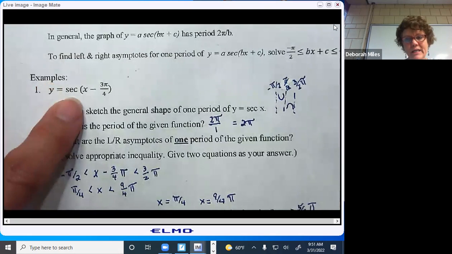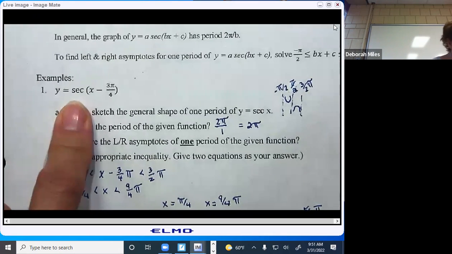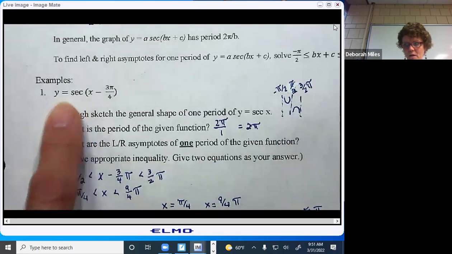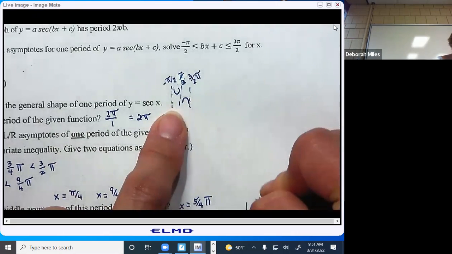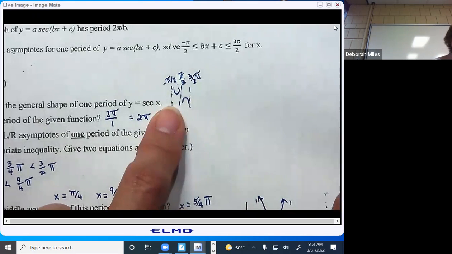If this was 2 secant, then the graph would turn around at -2 and +2 instead of -1 and +1. But since that coefficient is 1, and since we're using the same period that we used for this, you get your concave up U before your concave down U.